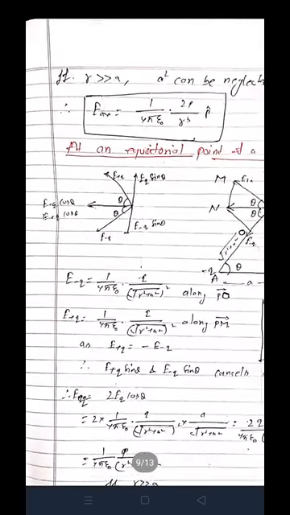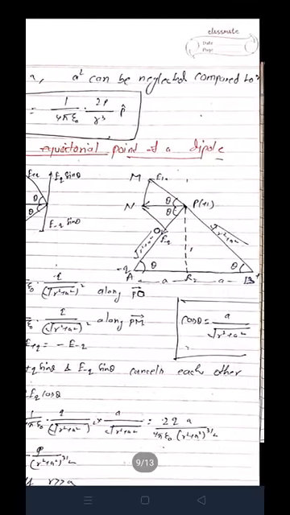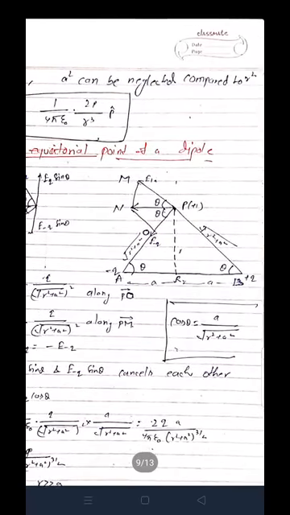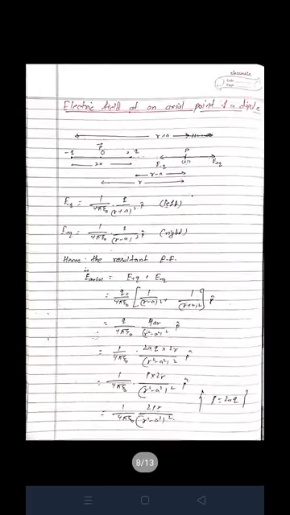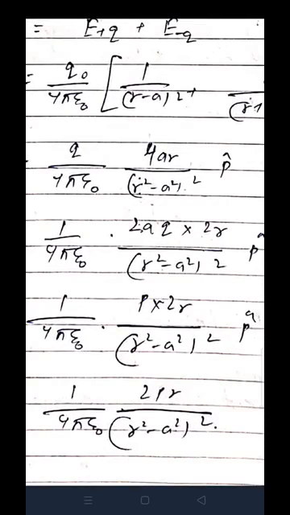If r is very much greater than a, then we can neglect a square in comparison to r square. Okay, we are neglecting that term. If we neglect that a square in the bottom part in respect of r square, then r square whole square will be r to the power 4.